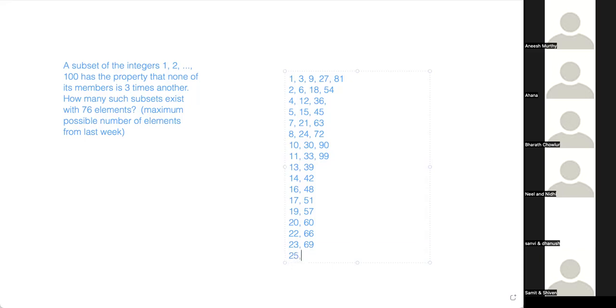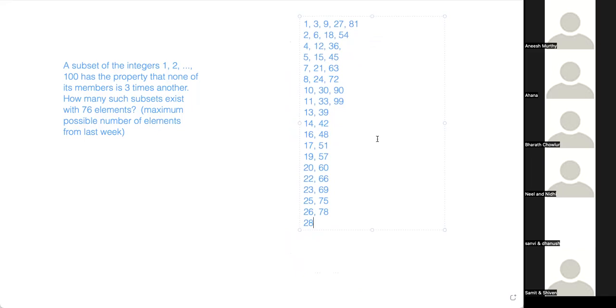25, 75. 26, 78. Okay. 27 was used. 28, 84. 29, 87. Good. 30 was used.